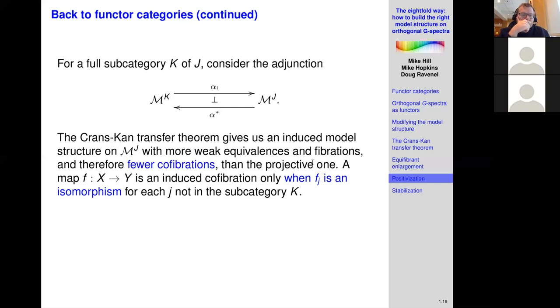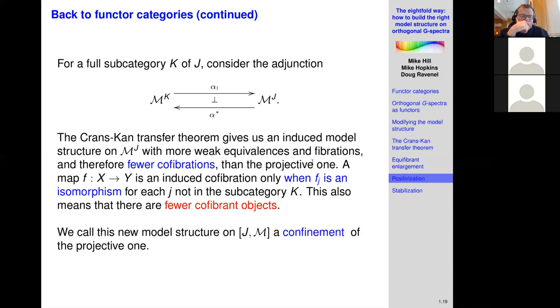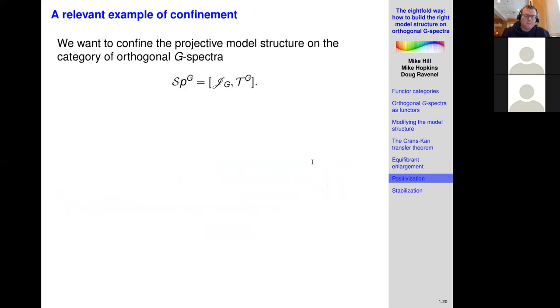So we've got fewer cofibrations, and that means we also have fewer cofibrant objects. And so I'm going to refer to this new model structure on the functor category M^J as a confinement of the projective one. Confinement in the sense that it's got fewer cofibrations and more weak equivalences.